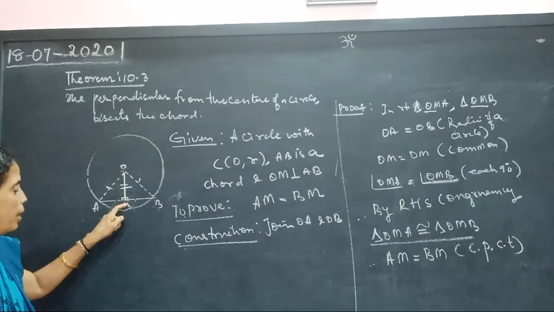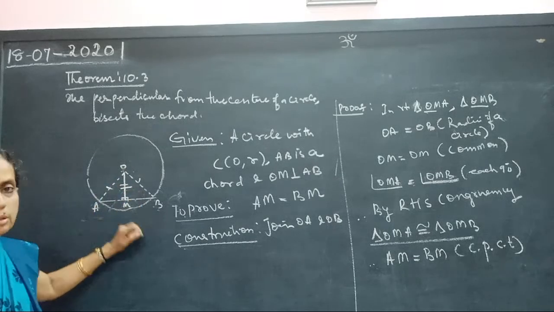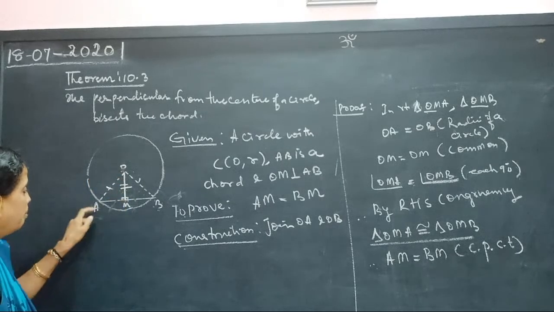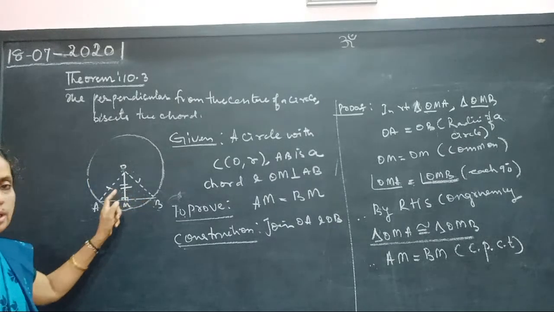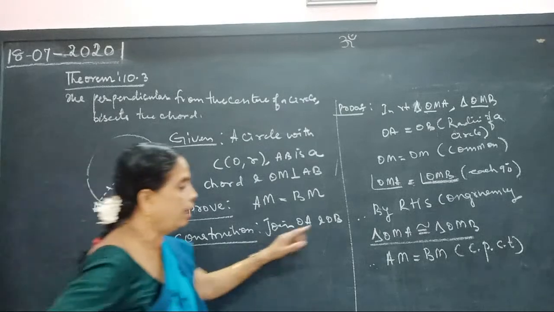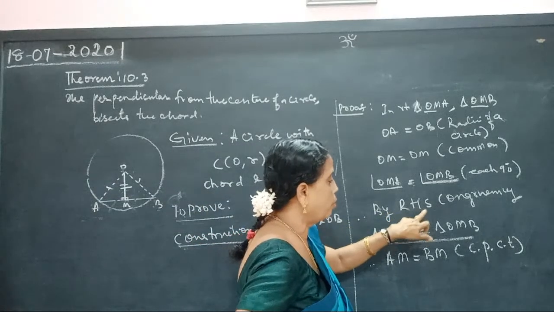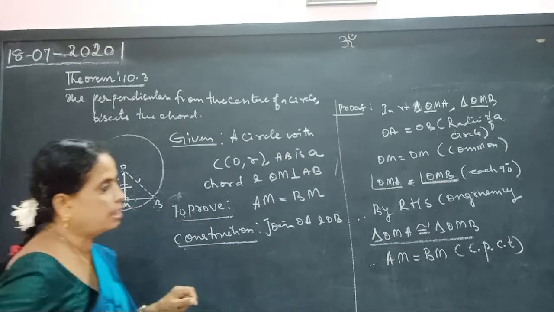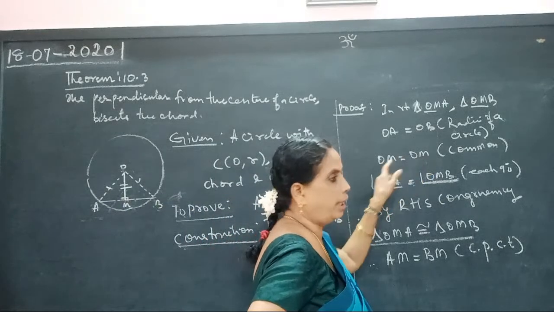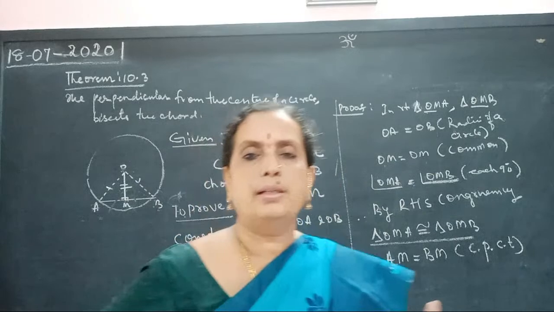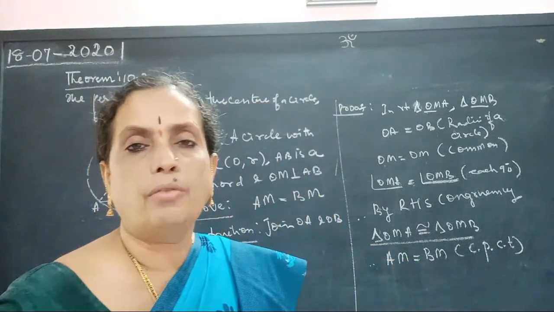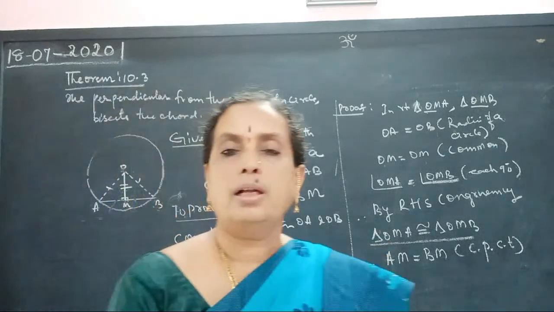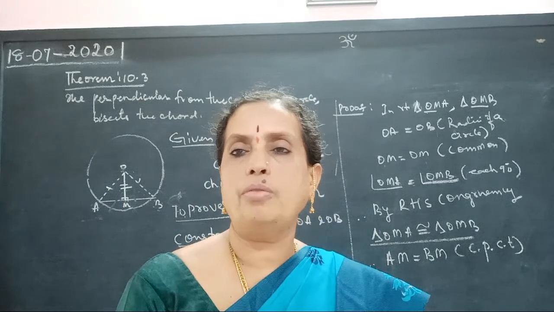OM equals OM, common for both the triangles, and these two angles, OMB and OMA, are 90 degrees. Therefore, by right angle hypotenuse side, that side is common for both the triangles, we get them congruent. Once they are congruent, we can take the remaining parts as corresponding parts of congruent triangles.